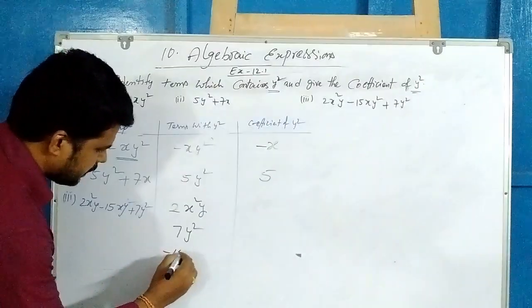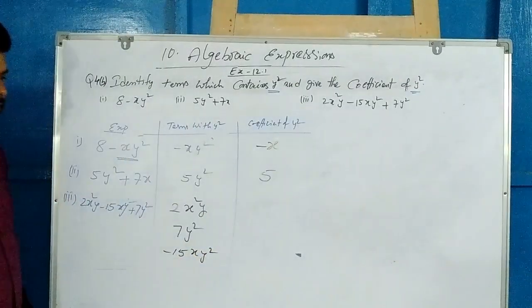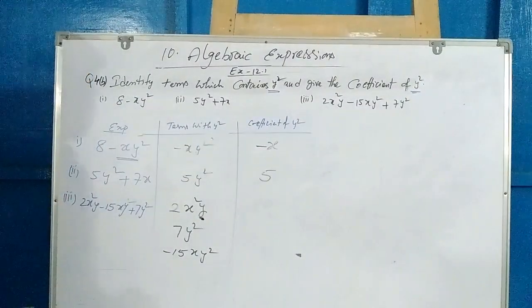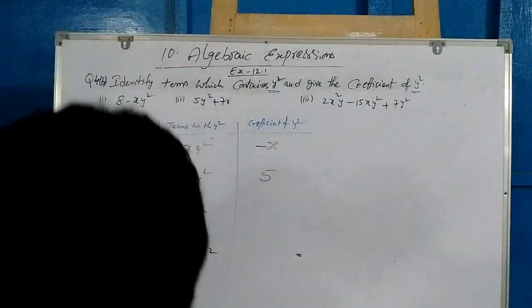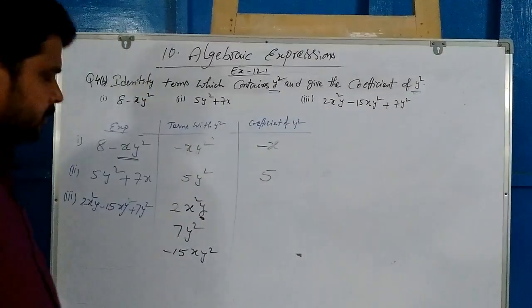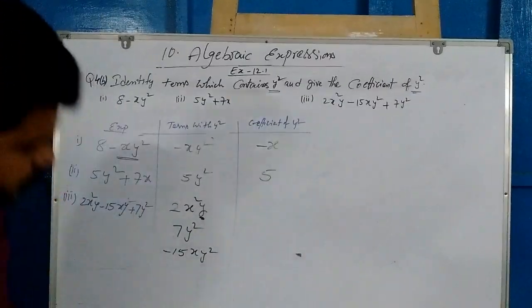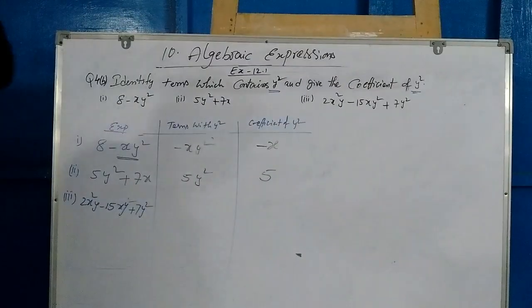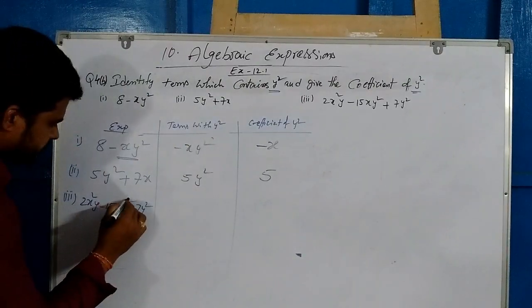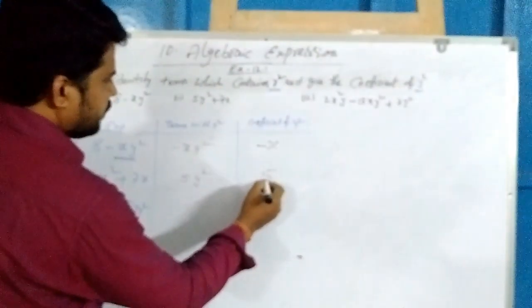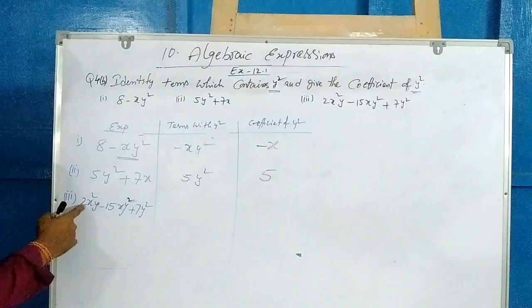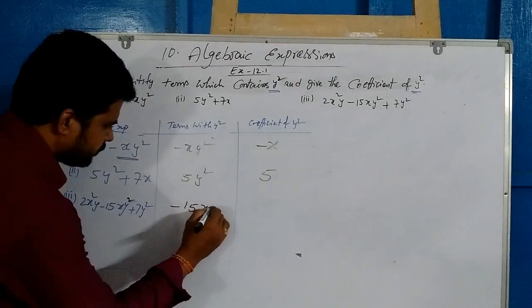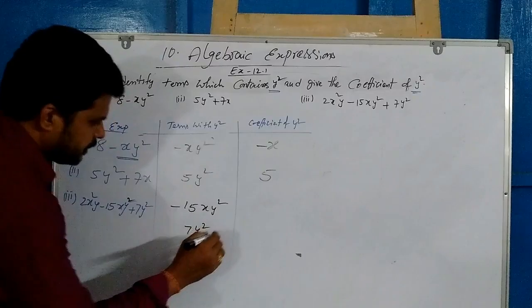How many terms do we have? 2 terms with y square: minus 15xy square and 7y square.